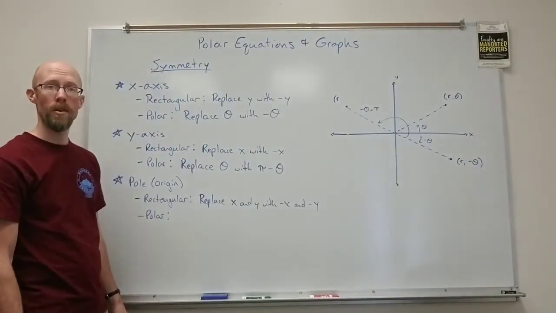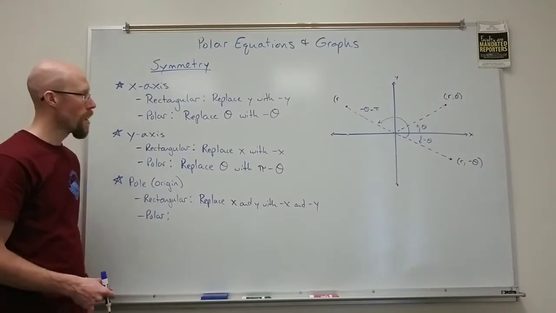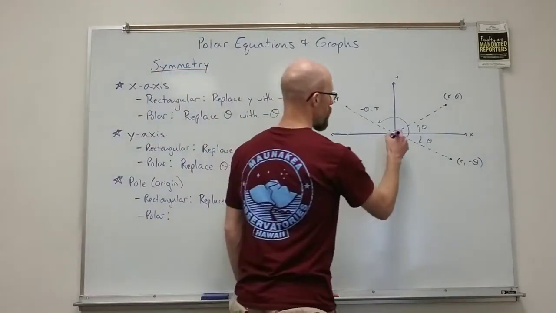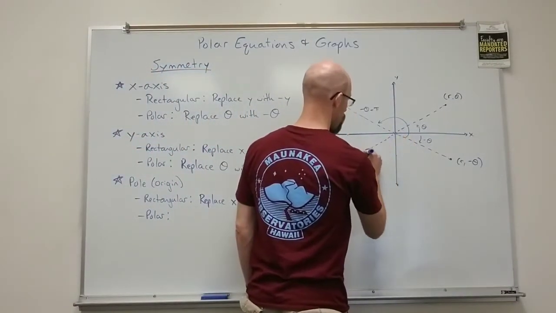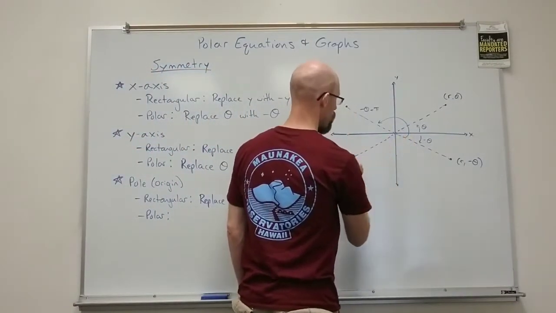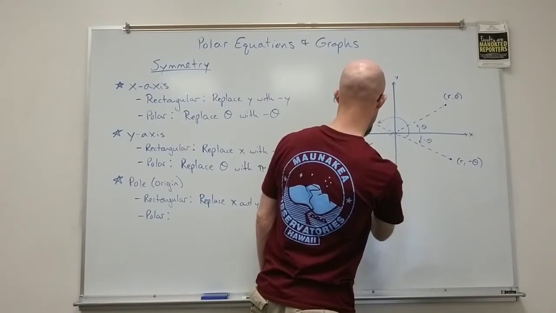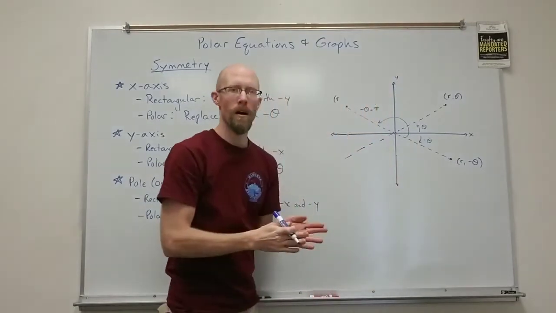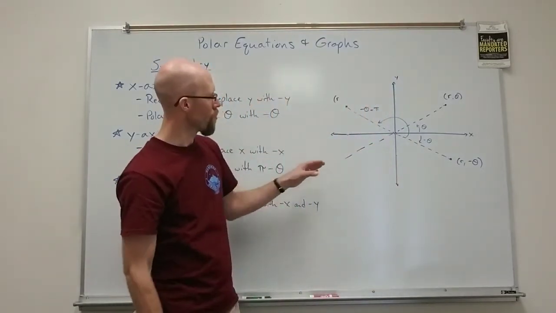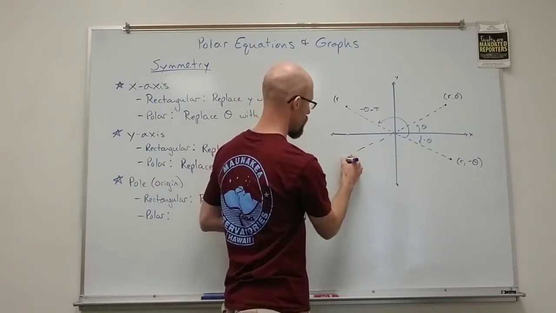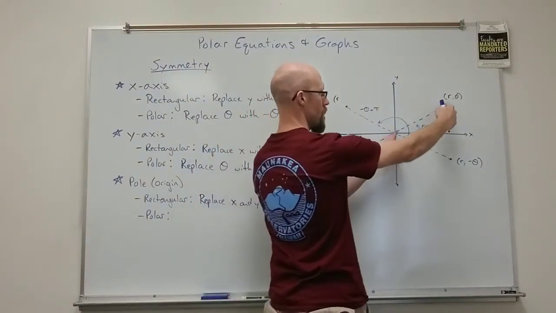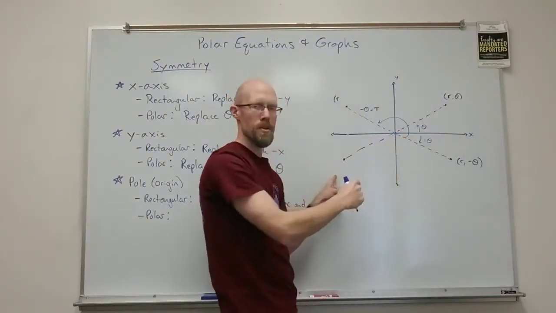Yeah, for polar symmetry, there are actually two options. Because with polar, you're going through the pole, you're going into the opposite quadrant here. And what happens over in this other quadrant is that you have the same radius but in the opposite direction.